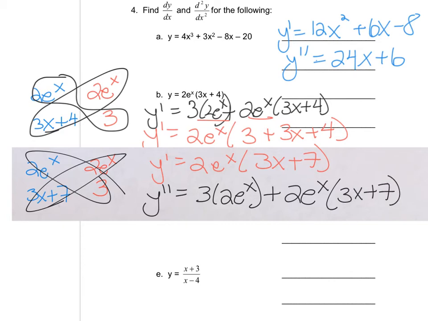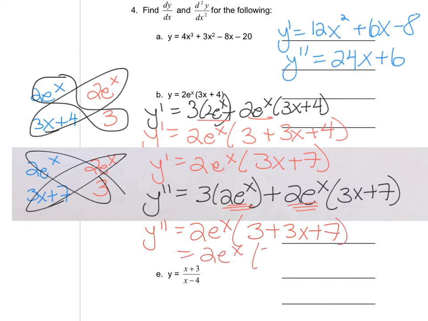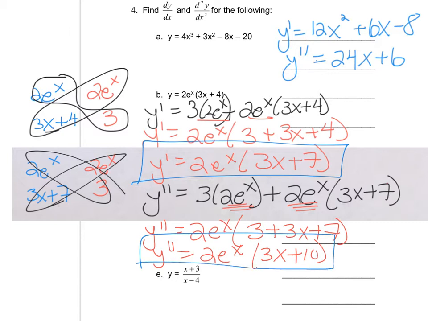And again, we can factor out this 2e to the x that they share. And that leaves us with 3 plus 3x plus 7. So as a final answer, that's 3x plus 10 inside that parentheses. So here's your final first derivative, and here is your final second derivative.